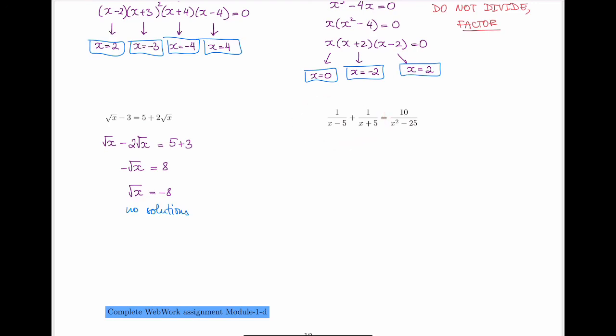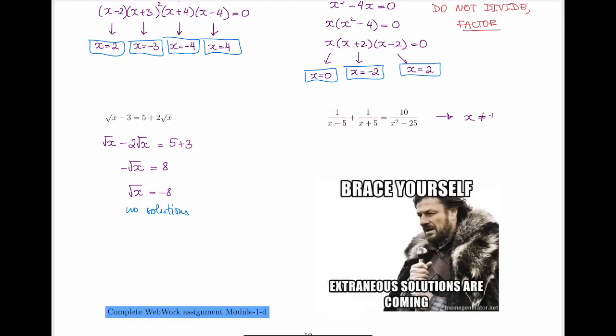Also note that just like in the first example on this page, right away I can think about what some of the values of x are that are not going to be allowed. None of the denominators are allowed to be 0, so I know right away that x cannot be 5 and x cannot be -5. So I cannot have plus or minus 5 as values of x in the solutions.